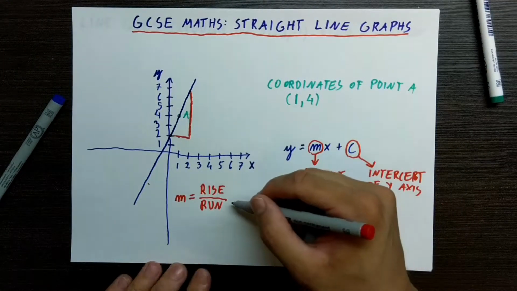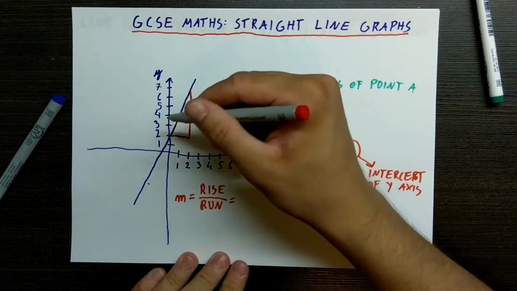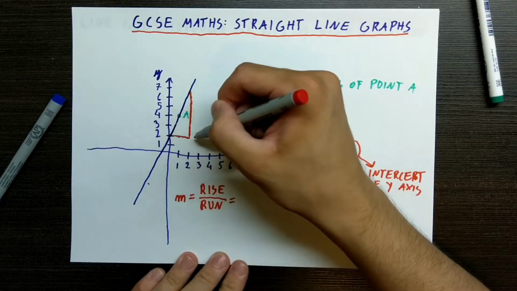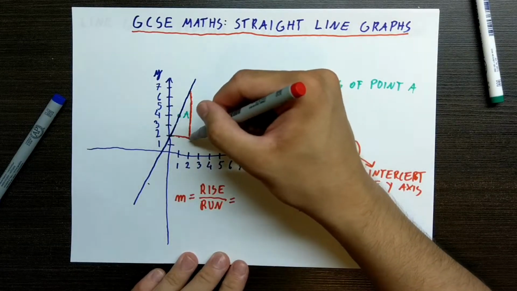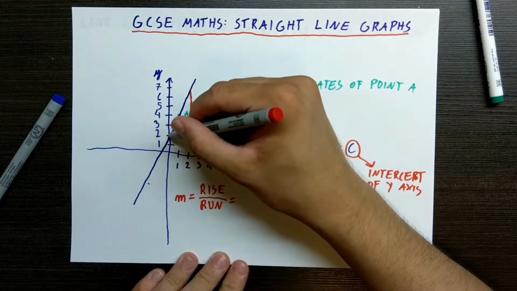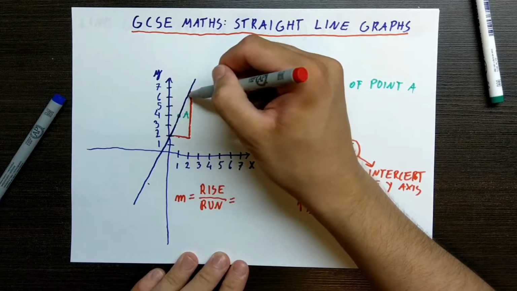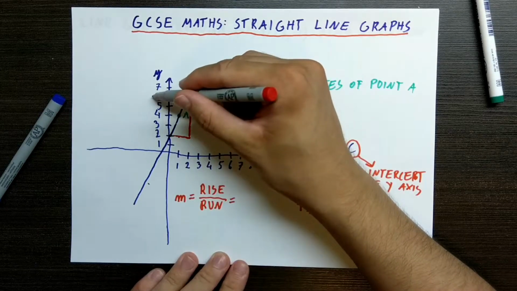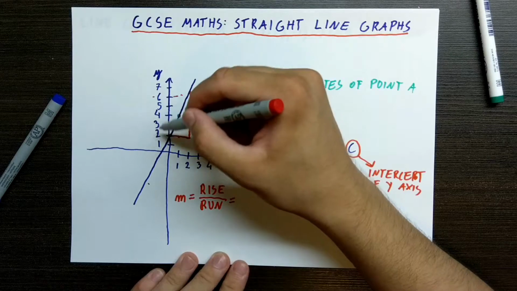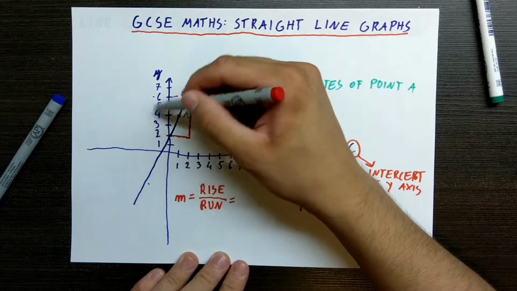So let's figure this out. Here we have rise. Let's start with rise. We are going from 2 all the way up to about 6. So we're going up from 2 to 6.